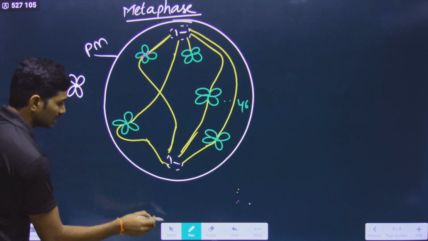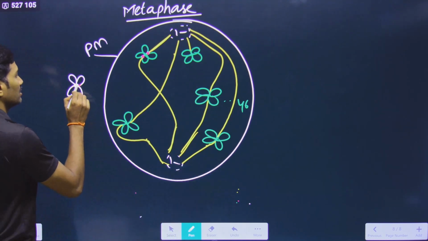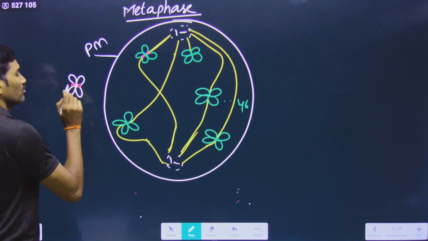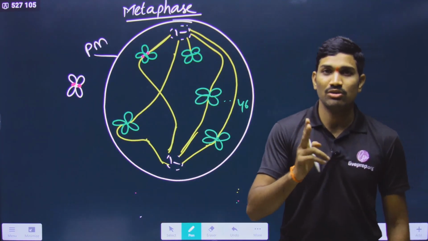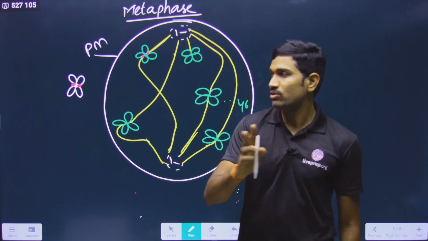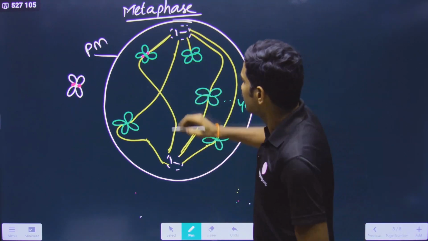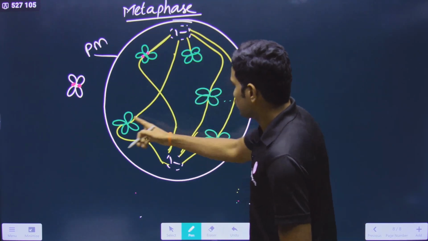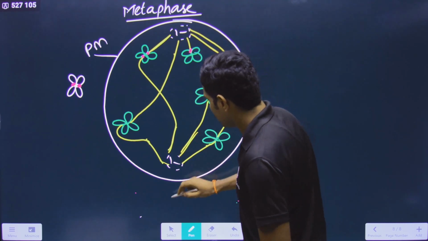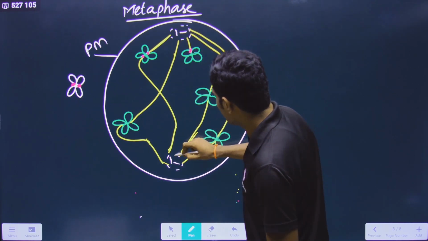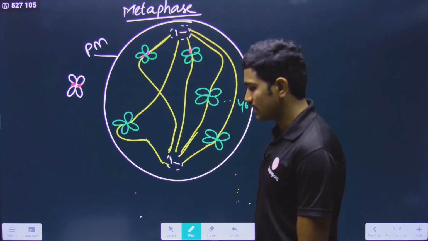For the centromere, on one side one kinetochore, on the other side another kinetochore. Likewise, for one centromere, two kinetochores. I told you the calculation also, right? For each chromosome, one centromere and two kinetochores are present. And for this one we forgot, right? And here it will go and attach like this.